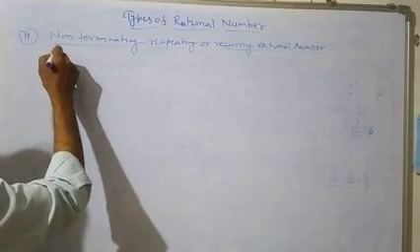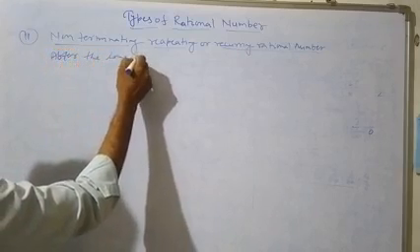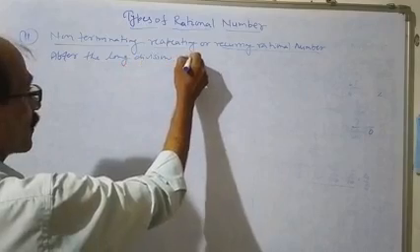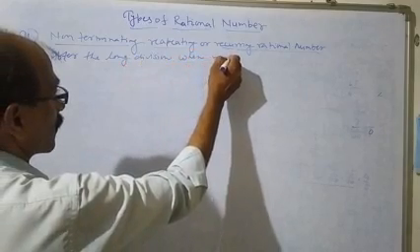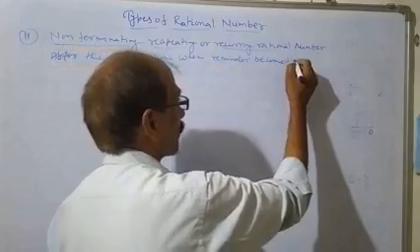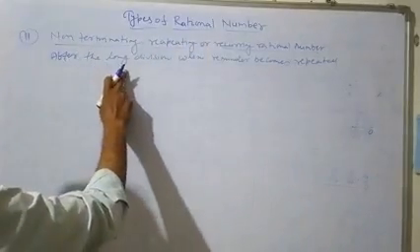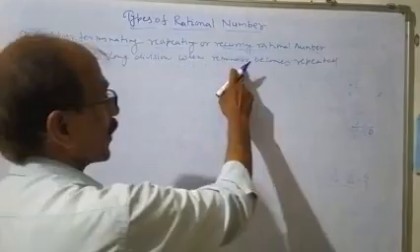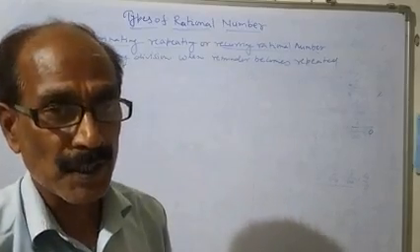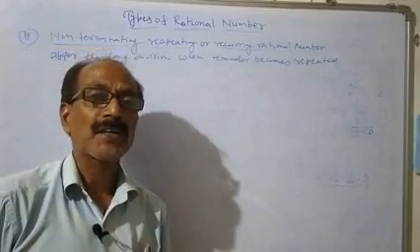After the long division, when the remainder becomes repeated, when we divide the numerator by the denominator, the remainder continuously repeated is called a non-terminating rational number.